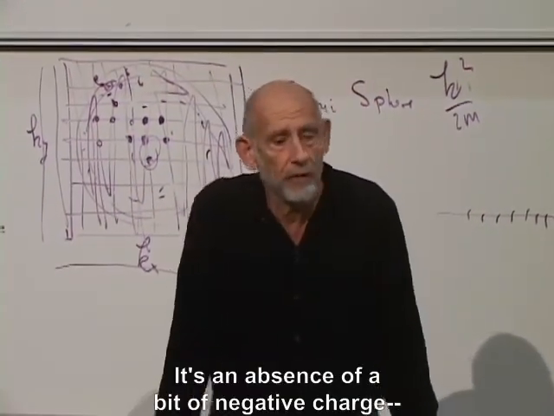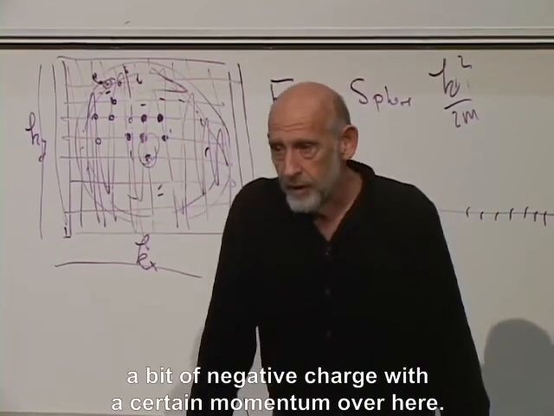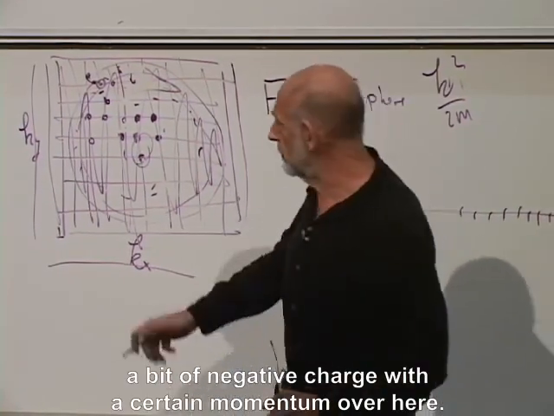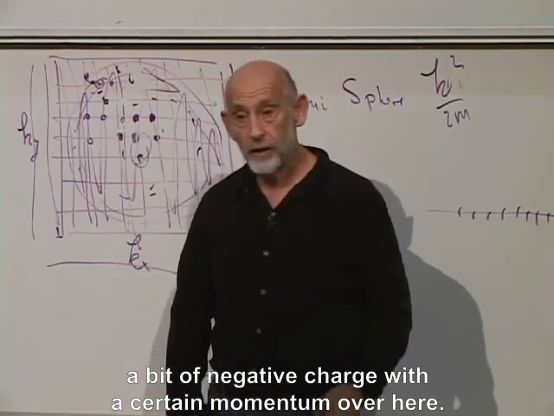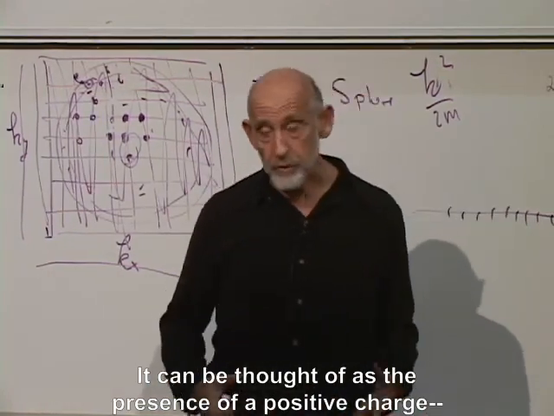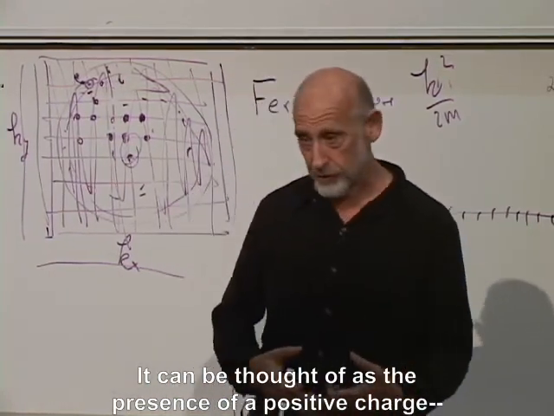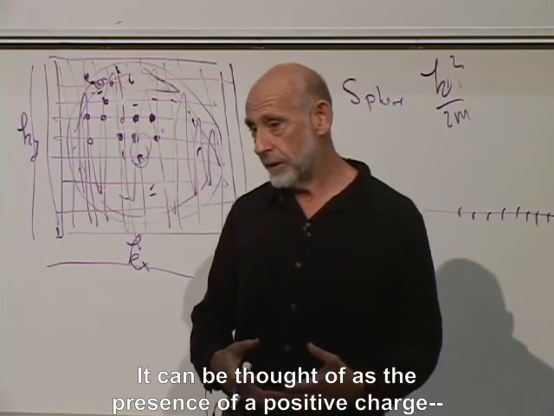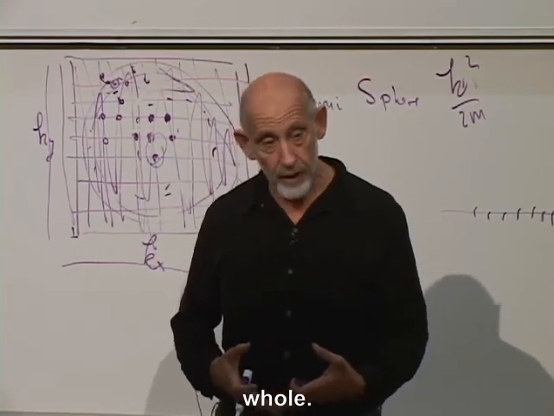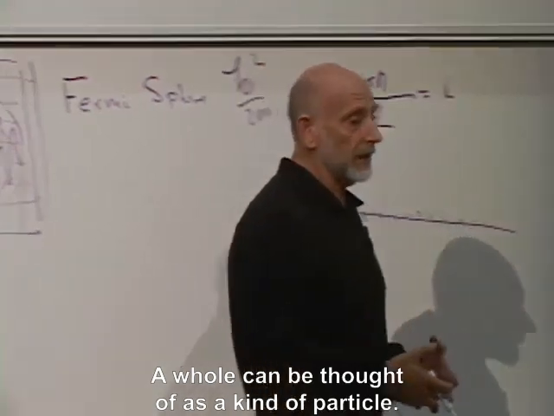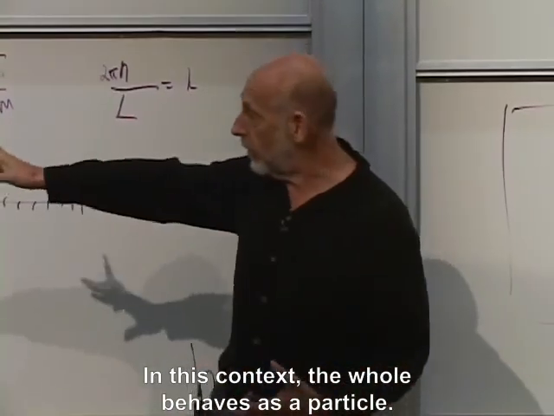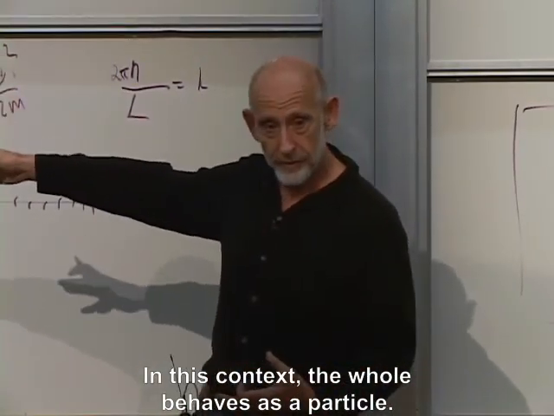It's an absence of a bit of negative charge, a bit of negative charge with a certain momentum over here. It can be thought of as the presence of a positive charge hole. A hole can be thought of as a kind of particle. In this context, a hole behaves as a particle.